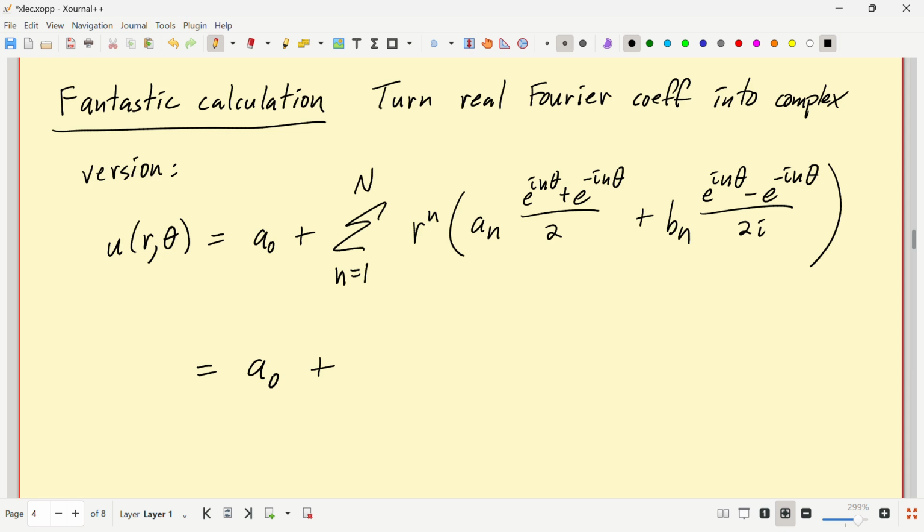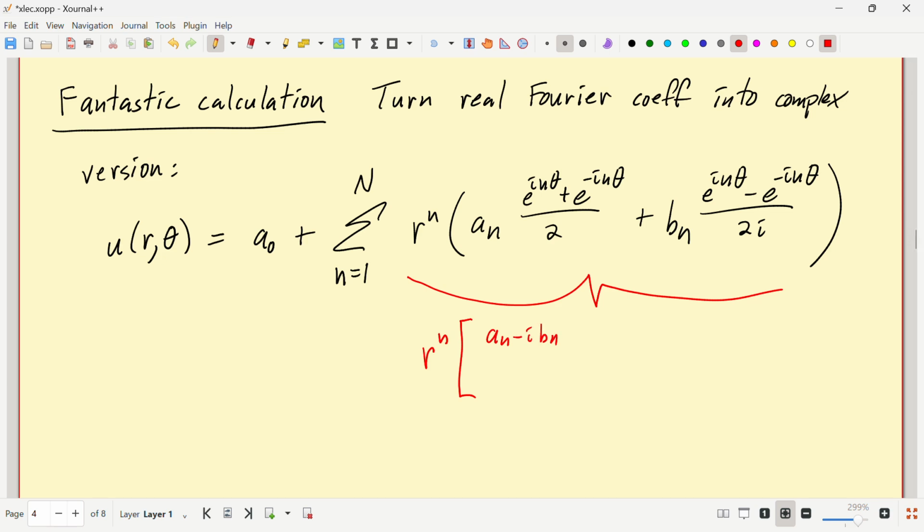So let's see. I guess I have to write this mess here as, this is going to be r to the n times an minus i bn over 2. That was C plus n.